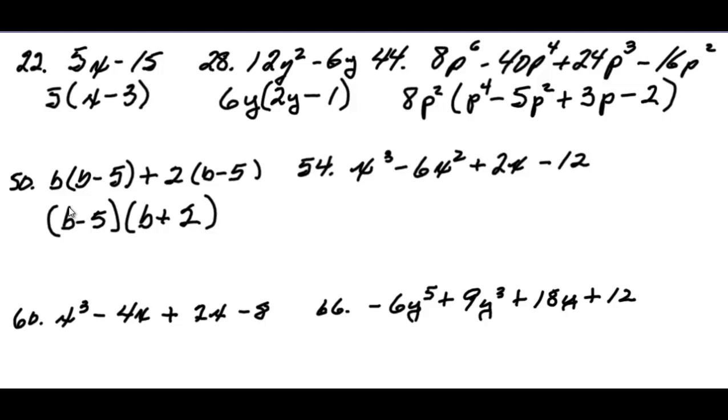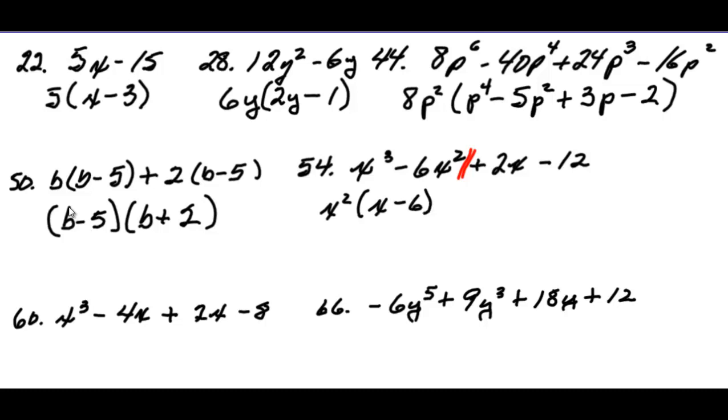In factoring by grouping, what we want to do in this first case with number 54 is separate this into 2 groups. All right? 2 groups of 2. Taking a look at that first group of 2, we have x cubed minus 6x squared. What's common to both of those is the highest power of x, which is x squared. And what we have left then is x minus 6.